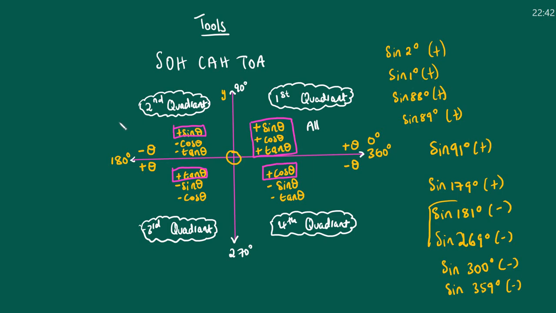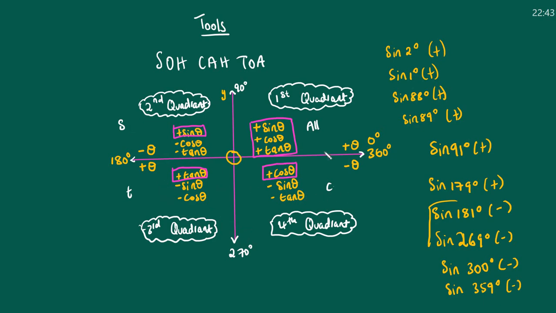In this quadrant, we say it's only sine which is positive. In this one, we say it's only tangent which is positive. In this one, it's only cos which is positive. So we usually say sine, tan, and then cos. So this is then shortened, right?